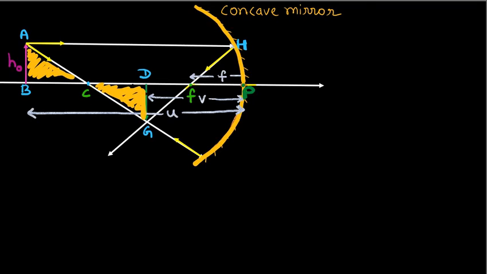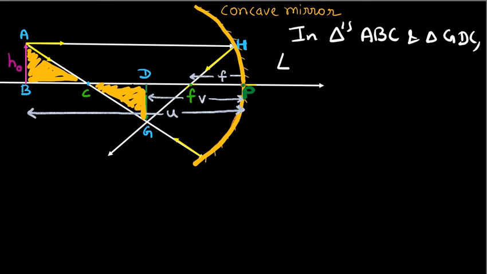These two triangles are similar triangles because they have pairs of equal angles. In triangles ABC and GDC, angle ACB is equal to angle GCD.